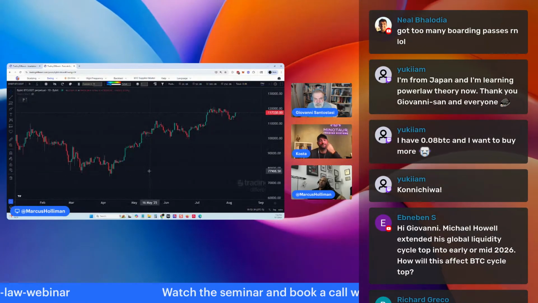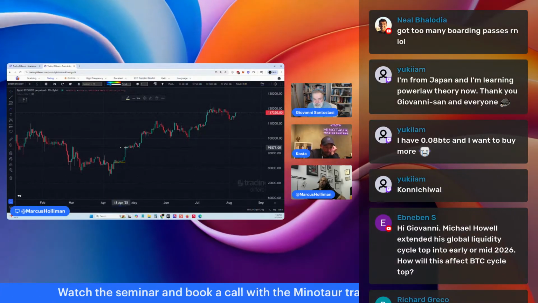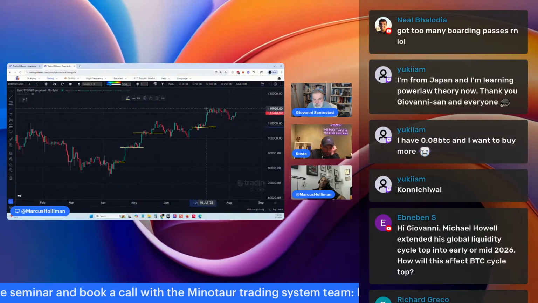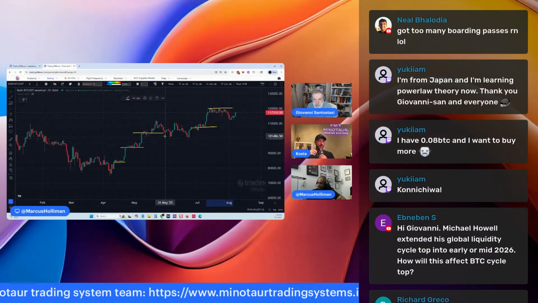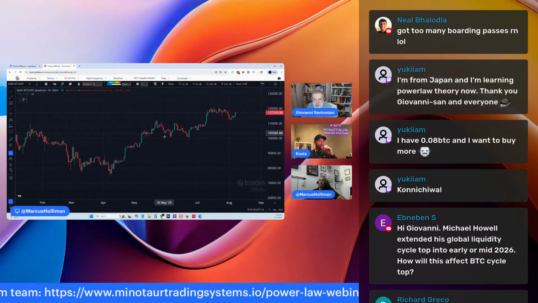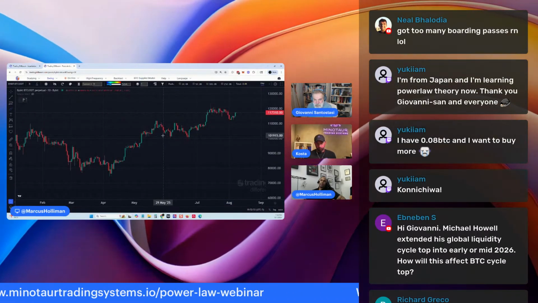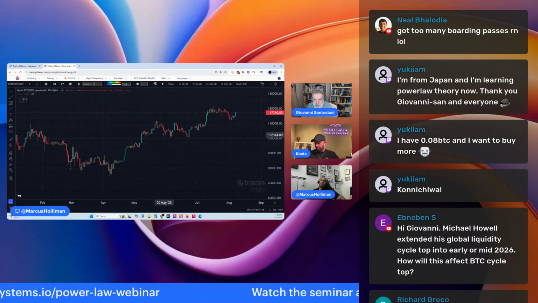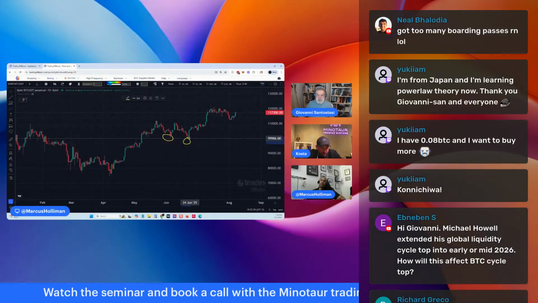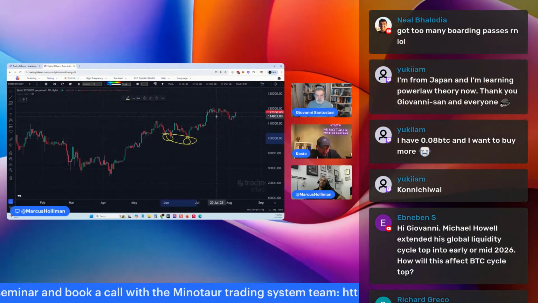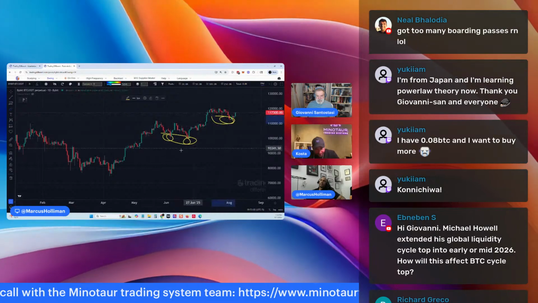And you can see there are some very visible patterns here where we have tremendous institutional activity. The institutions, it's like if you're an elephant, you can't hide your moves. They're very pronounced. So there's liquidity accumulation in these areas here.